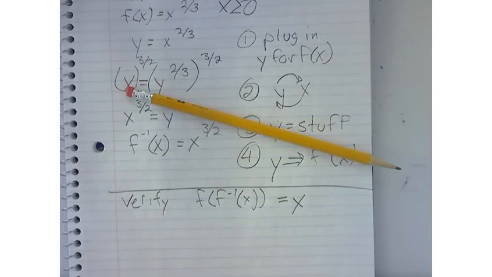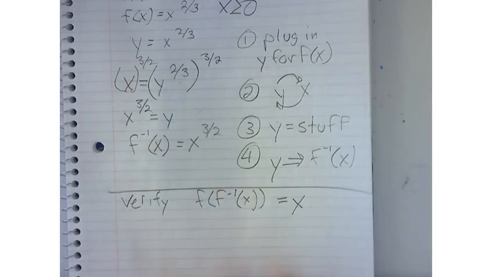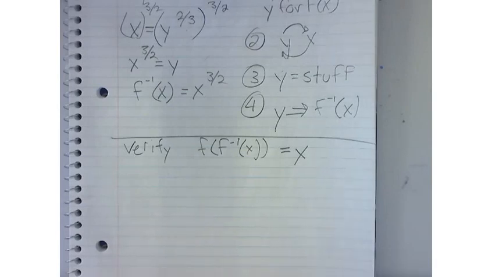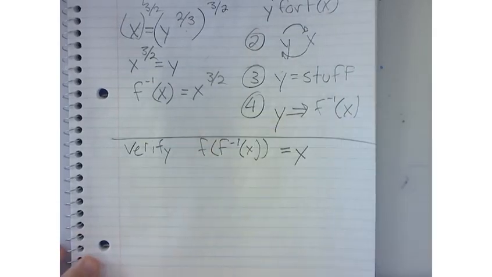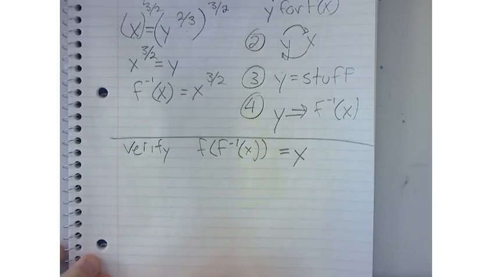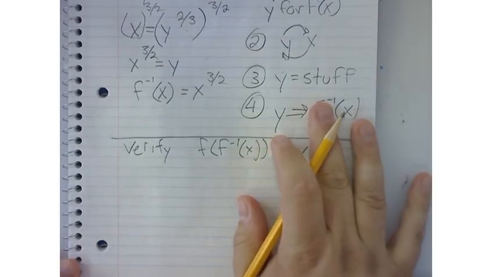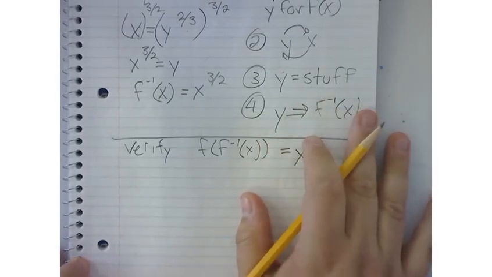How often will it equal x? Always. Oh. So is this problem really just verifying that it's equal to f? No, it's both. You can't verify it unless you know what the inverse is, right? It doesn't say you have to find the inverse, but you have to find the inverse to verify the inverse, right?